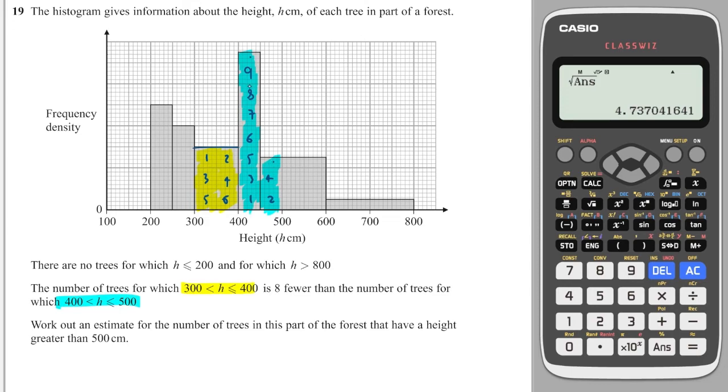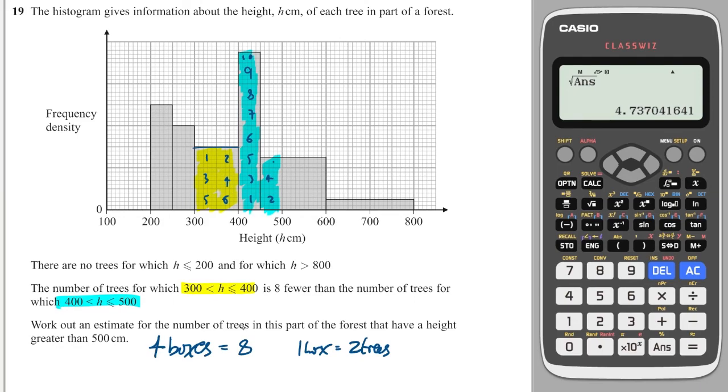Okay, so that means there are 4 blue boxes more than yellow, and it says that the yellow is 8 fewer than the blue. So in terms of these boxes, an extra 4 boxes is equal to an extra 8 trees. So 1 box must equal 2 trees.